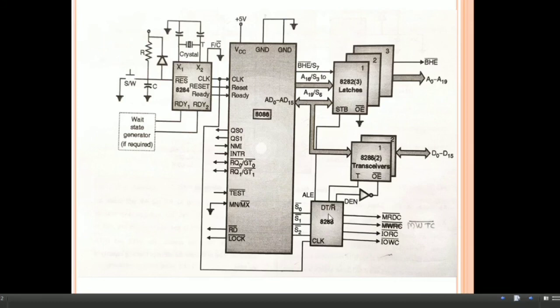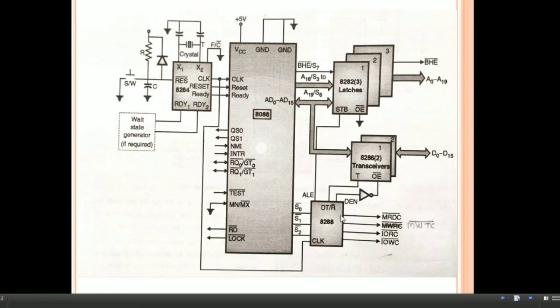You can observe here the transceiver is receiving the signal on this T and OE bar from this 8288. So in minimum mode, this T is received from the data transmit and receive pin of 8086, while this OE bar is received from the DEN pin of the 8086.